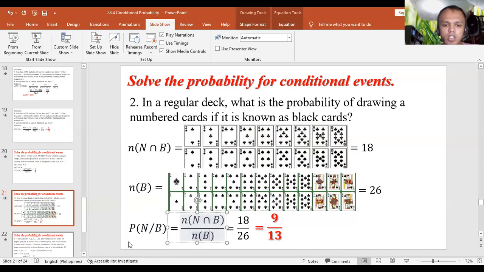So yung intersection of numbered and black cards natin is 18, then the event for black cards is 26. 18 over by 26, or in lowest terms, we have 9 over by 13. Okay?